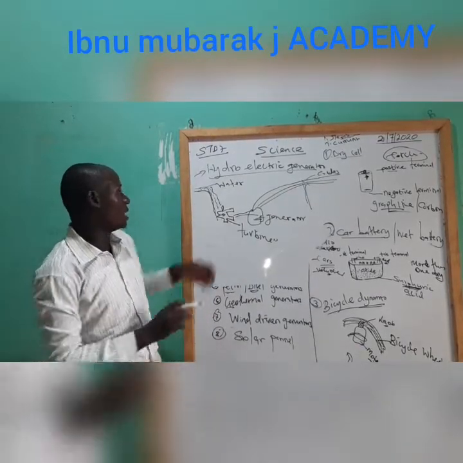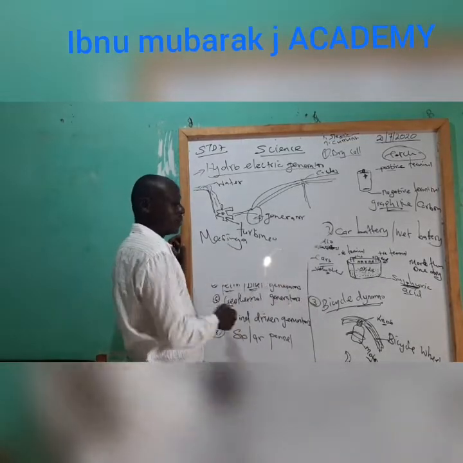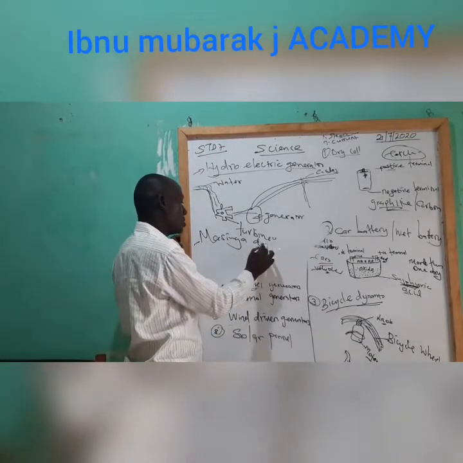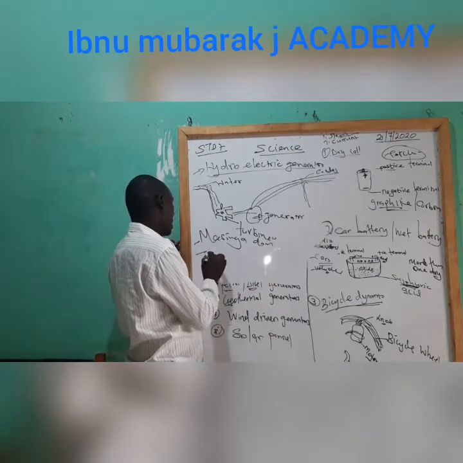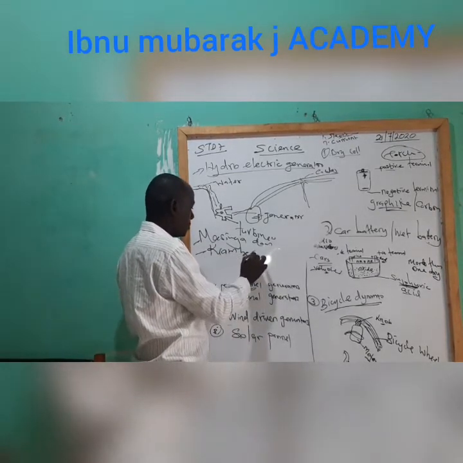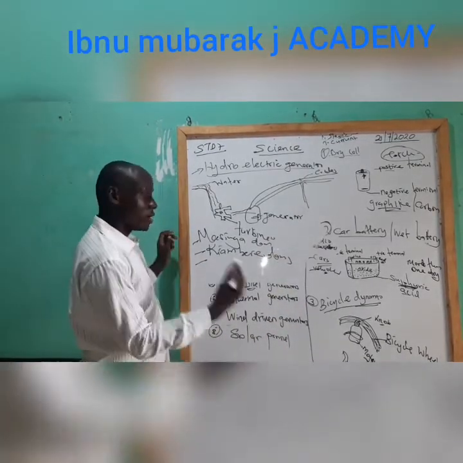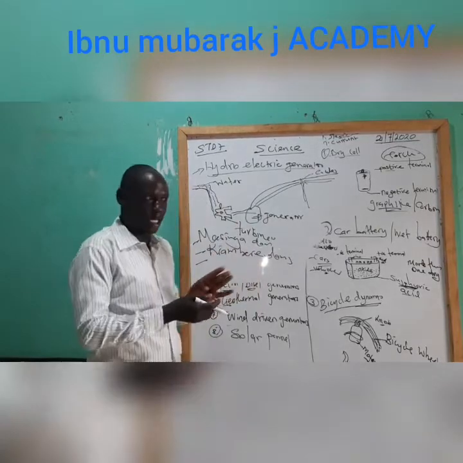For example, as I've said, Masinga, along River Tana, Masinga dams. We have Kiambere dams. We have Kindaruma dams. All of them along River Tana. Why?